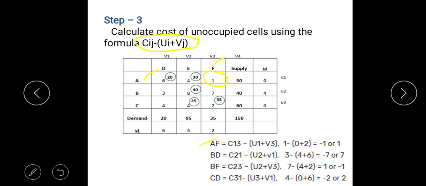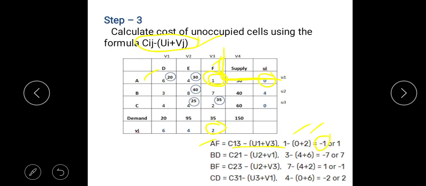So you can observe here, AF is equal to, as per this formula, C13 minus Ui plus Vj. So U1 plus V3. What is the value of Cij? It is 1. What is the value of U1? 0. V3 is 2. You can find it here. So 1 minus 2 is minus 1.